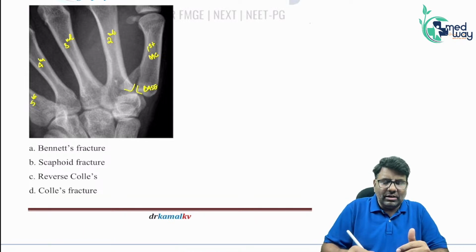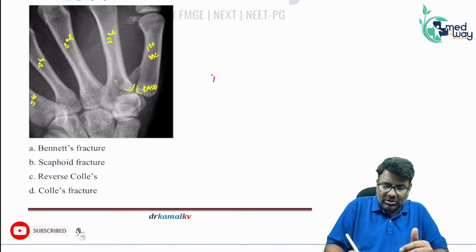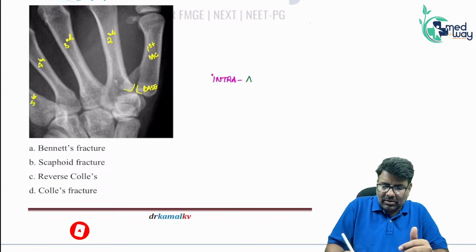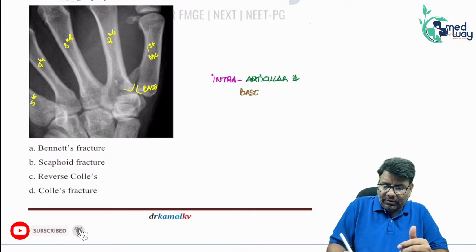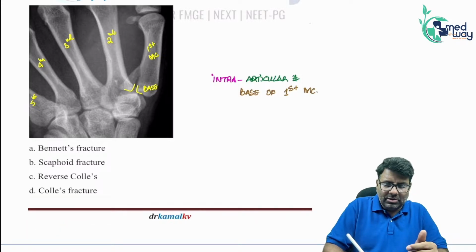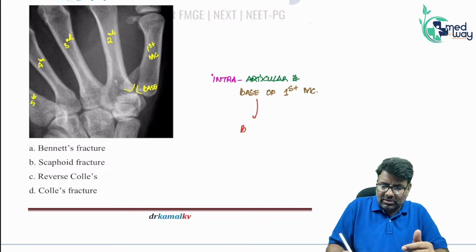So this is obviously an intra-articular fracture involving the base of the first metacarpal, and this is Bennett's.